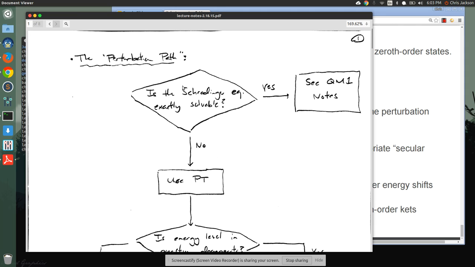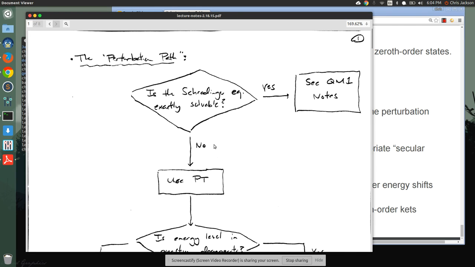So it starts out in this diagram, right? And the first thing you ask is: is the Schrodinger equation exactly solvable? And if it is, great. You go back and look at quantum one notes to figure out how to solve the problem, right? If it's not, then you have a couple of choices.